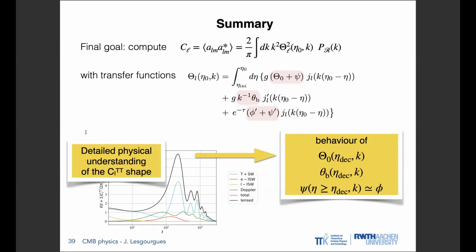And for that, we will rely on the implicit solution found by Seljak and Zaldarriaga, which is an integral over time, which is why people call it the line of sight integral, with these three terms.